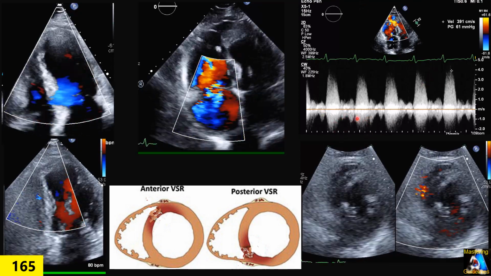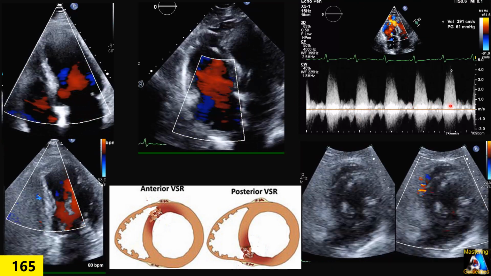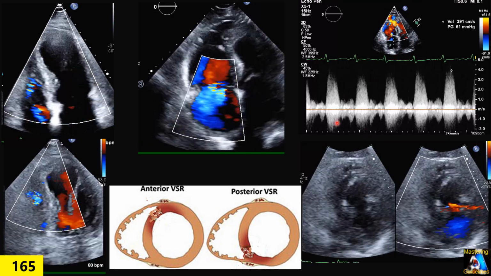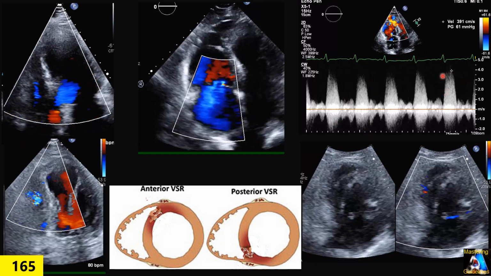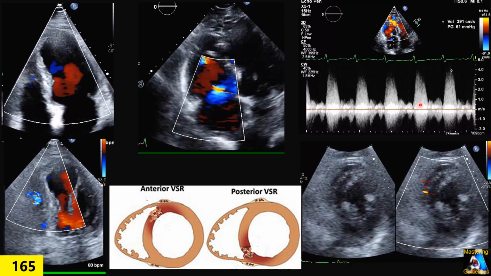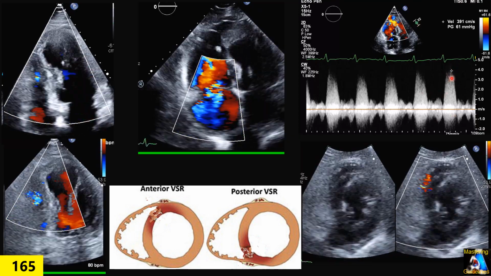First, your cursor is hitting perpendicular to a jet. If it's a normal jet, for example TR or MR, it shouldn't go very high, because perpendicular usually doesn't give you very high.